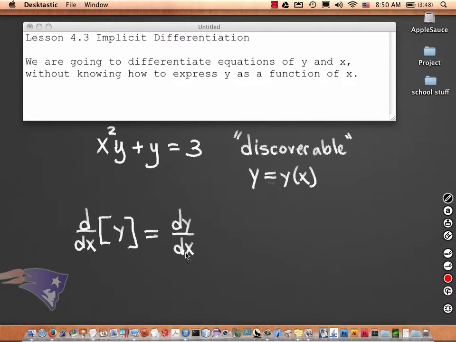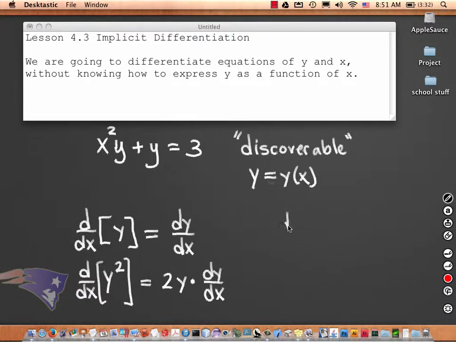And we know that this is the same thing as f prime, even though I'm not going to write it. All right, now let's look at this right here. 2y times the derivative of what was inside the square, which is y. So I get 2y times dy dx.